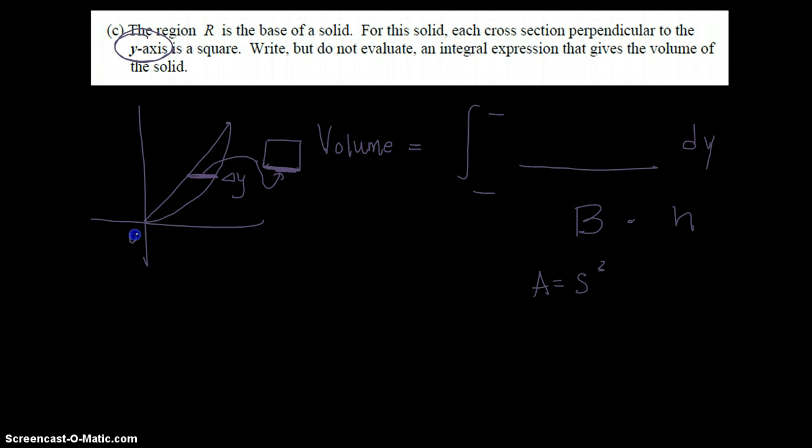So in this case, instead of starting at 0 and ending at 3, we're going to start at y equals 0 and end at y equals 9, because everything's in terms of y. Now our side length squared in this case will be this quadratic function minus the linear function.